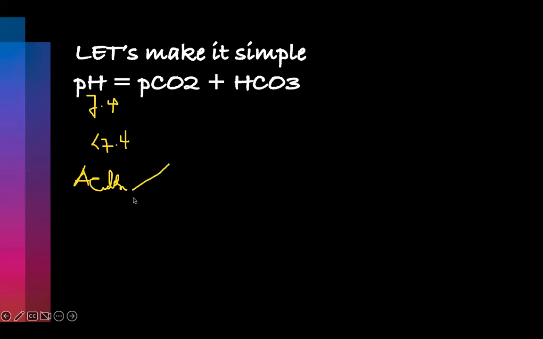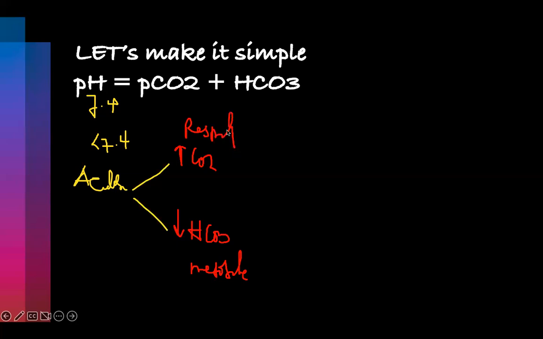Then, as we said, what is acidosis? Well, it's either I go up on my CO2 or I go down on my what? Bicarb. Step one. And what is bicarb? Bicarb is metabolic. CO2 is what? Respiratory problem.